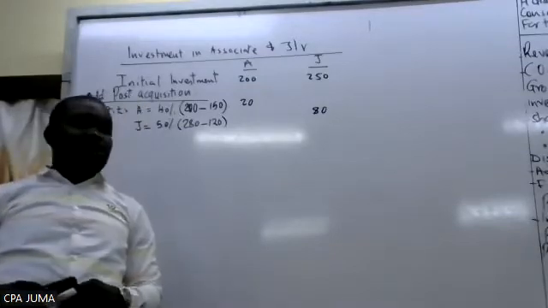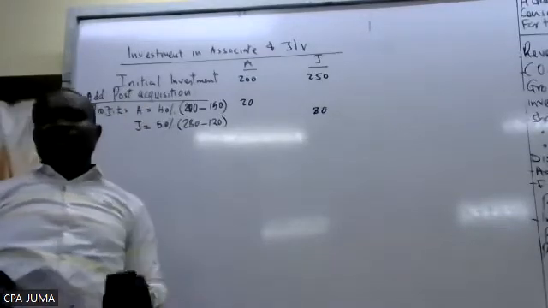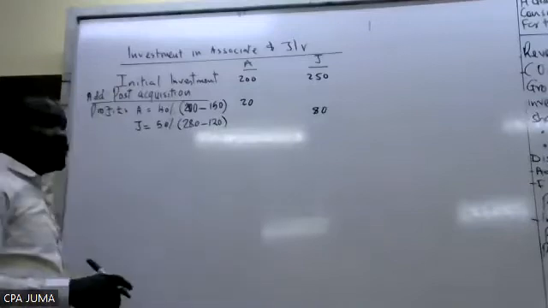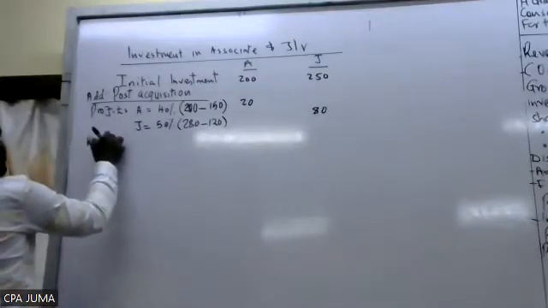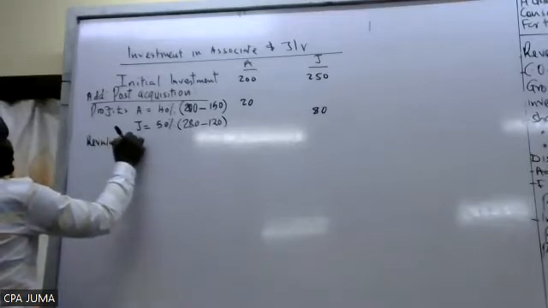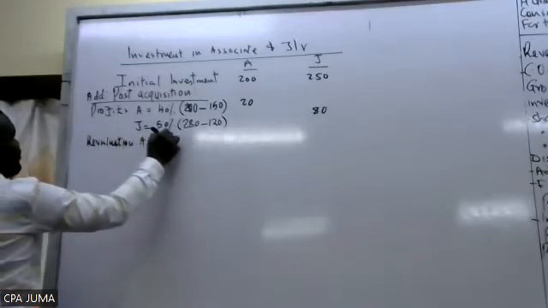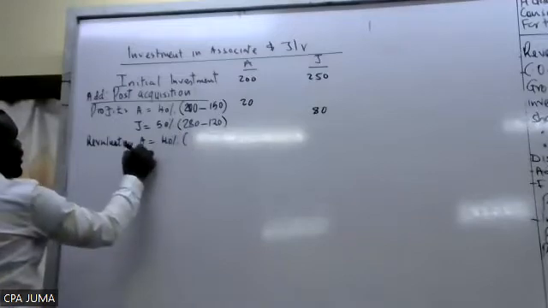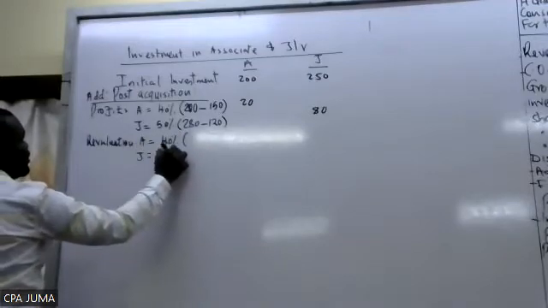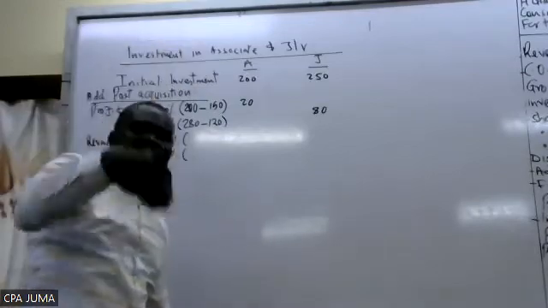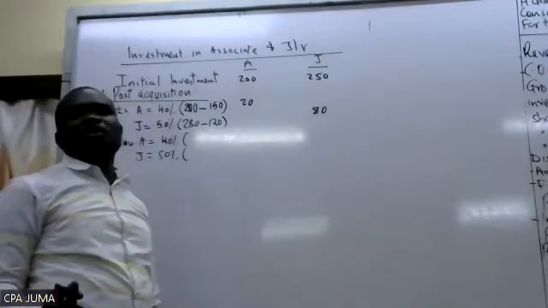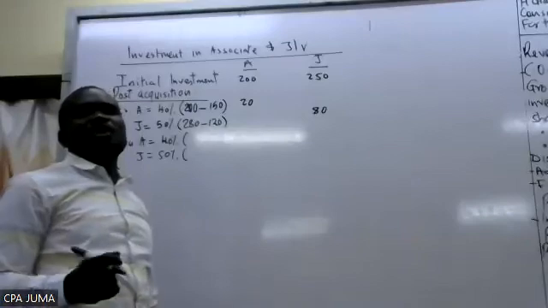Also, there was revaluation. Revaluation is part of reserves, so you also take revaluation. Revaluation A, 40%. J, 50%. The same thing we have done: closing minus acquisition.